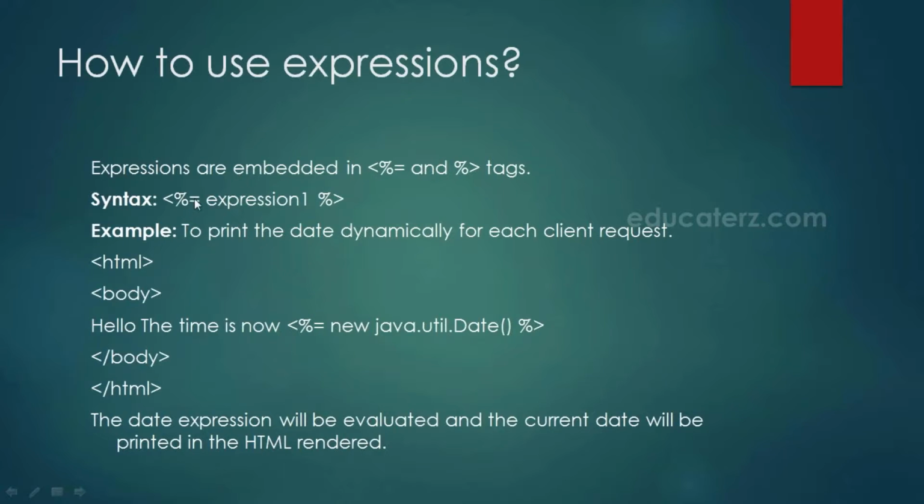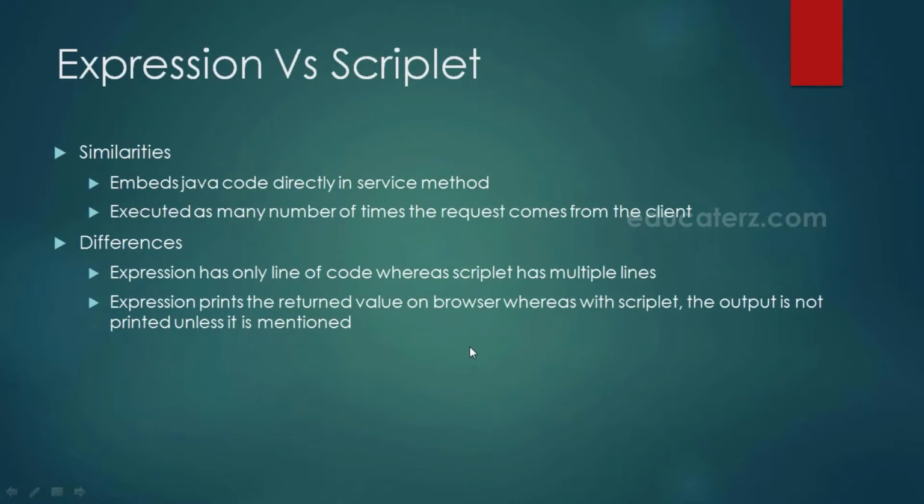This is how we use an expression: an equals to symbol is added along with the scriptlet tag. When we write equals to new java.util.Date, the date expression will be evaluated and the current system's date will be printed in the HTML.